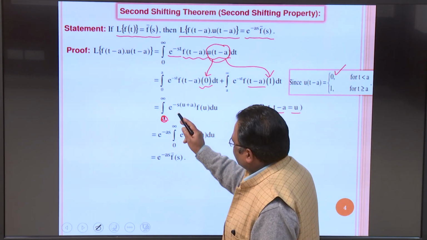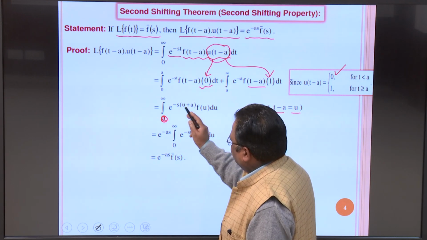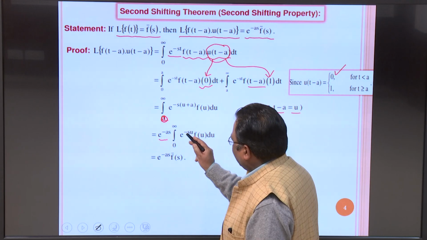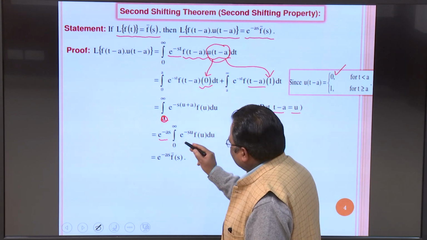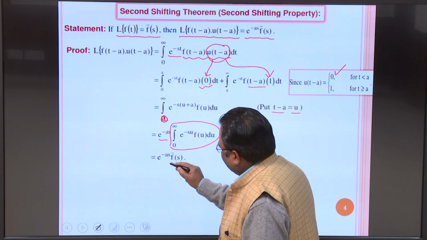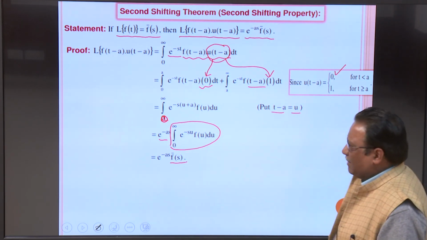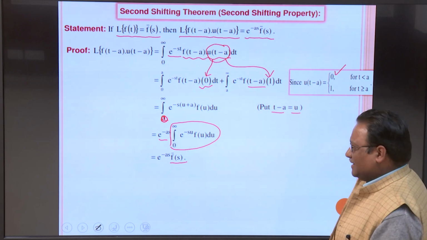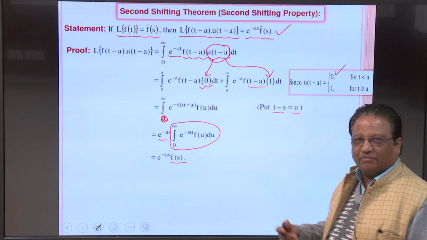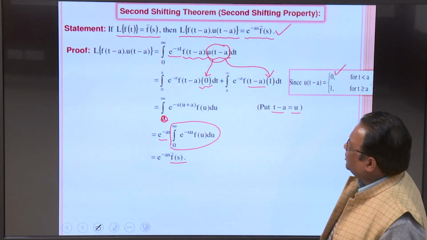So e raised to power minus sa, and the integral from 0 to infinity of e raised to power minus su f(u) du, and this result is nothing but e raised to power minus as f bar s. This completes the proof. In this way you can prove this second shifting theorem.